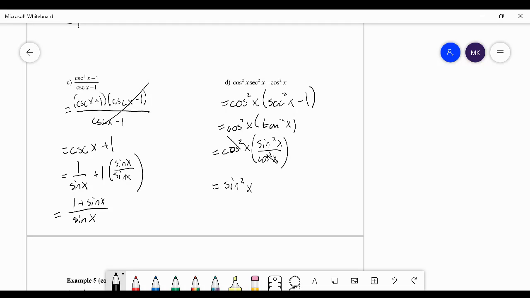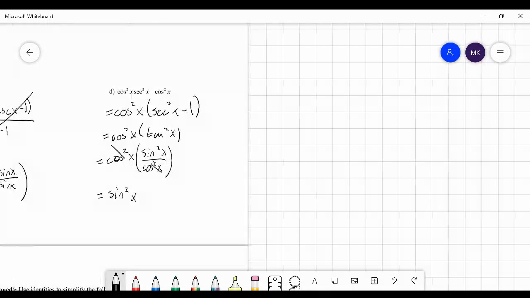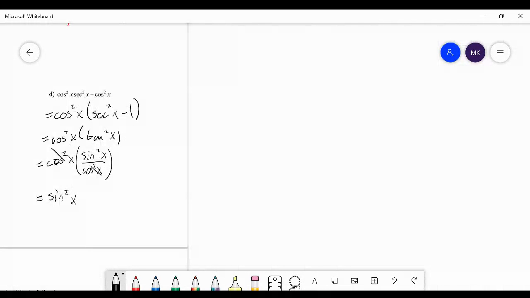Now, here's a cool thing I want to show you. I'm going to do this problem again, but I'm going to do it differently. Cosine squared x times secant squared x minus cosine squared x. Like I showed, I wanted to talk about using algebraic methods first, but now let's just use the reciprocal identity.